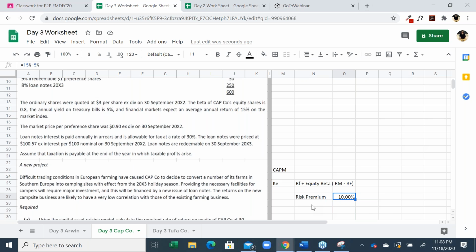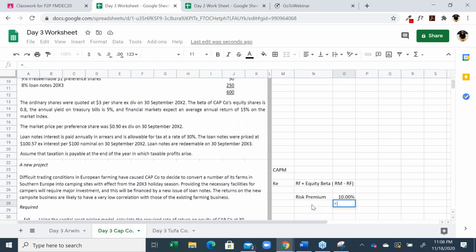Now, what about the CAPM company? Is the CAPM company riskier than the market or less risky than the market? It's less risky than the market, right? So should we expect the same risk premium or less risk premium? Less, right? And equity beta suggests it should be 0.8.